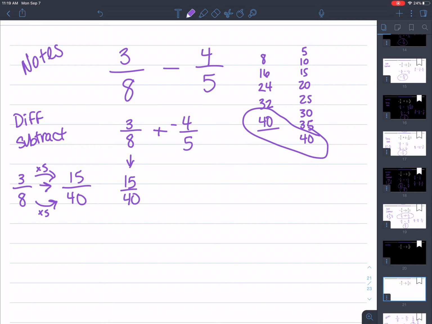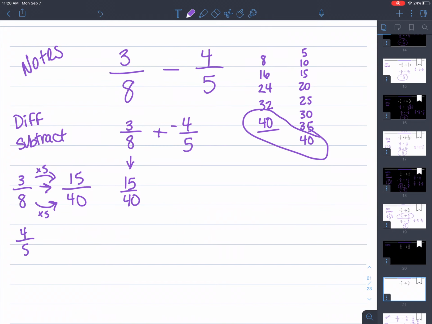Now I need to do that for 4/5. How do I get 5 to turn into 40? I can do 5 times 8. That will make 40. And I can do that same thing up top. 4 times 8 is 32. So now 4/5 is transformed into 32/40ths.